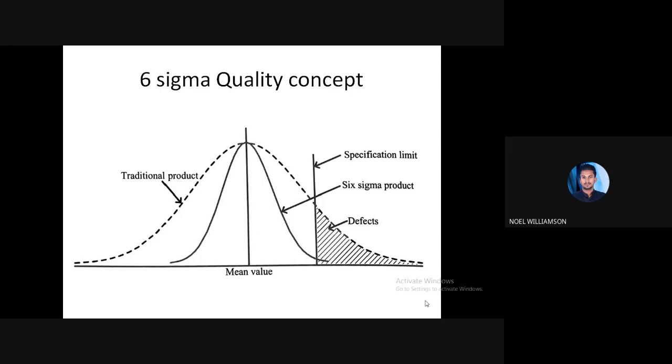Actually, what is a defect? Any defect or failure, mainly failure. For failure, we use the term defect. So defect is nothing but a thing which may result in customer dissatisfaction, basically.